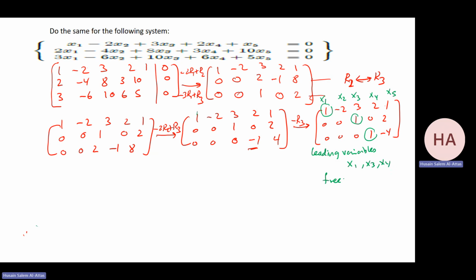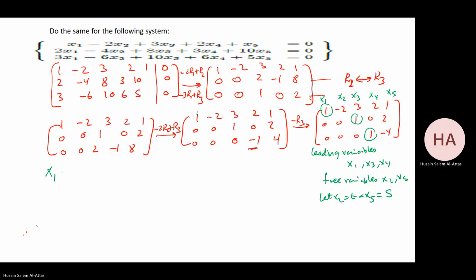What are the free variables? x2 and x5. So I let x2 equal t and x5 equal s. Now I need to write the remaining solutions, which are x1, x3, x4, in terms of x2 and x5. So let me return it back to the equations.